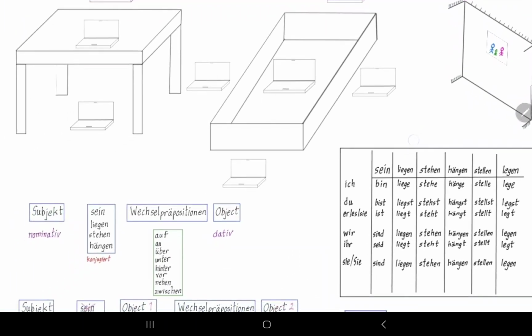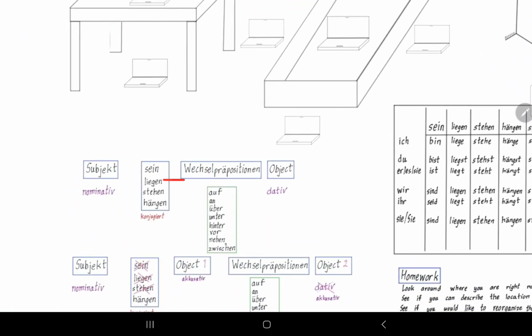So what about stehen and liegen? Liegen normally means to lie. Stehen means to stand. Now if you mix them up, if you're not sure which one to use, just go with sein in the beginning. But as you progress, see if you can use the correct one instead of sein, right? So hängen, there is no ambiguity. You know when something is hanging, but lying and standing, right?